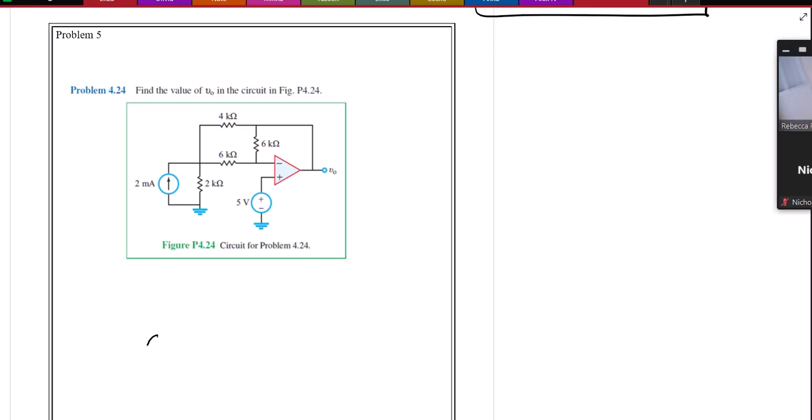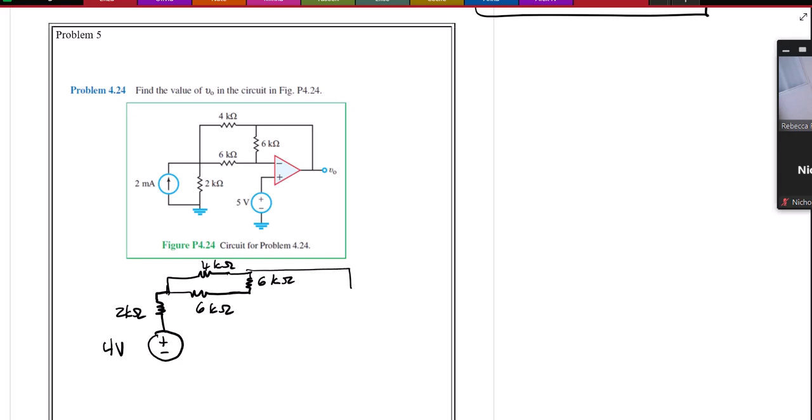So this will be plus minus 2 milli times 2 kilo is 4, so 4 volts times a 2 kilo ohm resistor, and then a 6 kilo ohm resistor, and a 4 kilo ohm resistor, and a 6 kilo ohm resistor, and this is 5 volts.